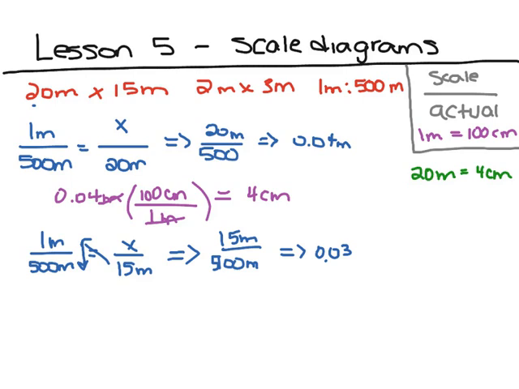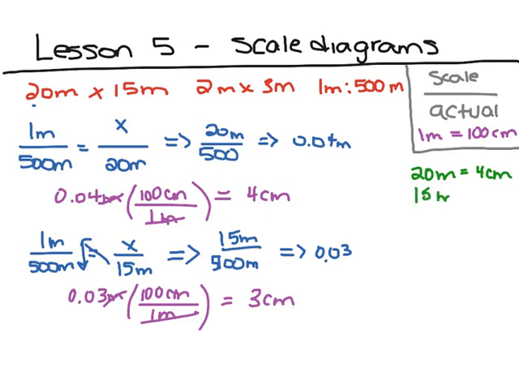And now we're going to convert again. So 0.03 meters times 100 centimeters over 1 meter. Cancel out the meters, and you get 3 centimeters. So 15 meters equals 3 centimeters.